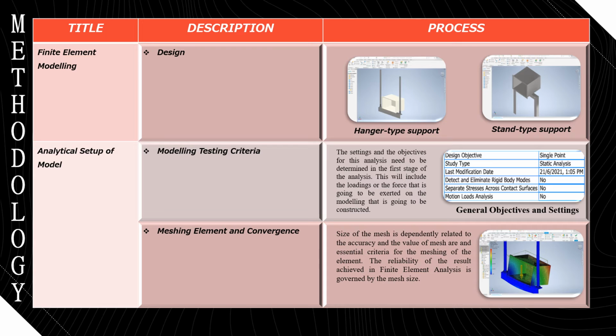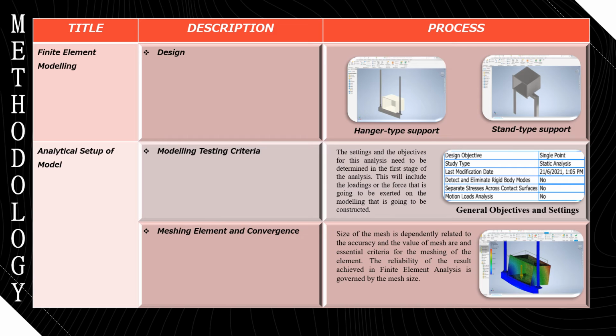After we have the design for this modeling, then we're going to do an analytical setup of the model. So first, the model testing criteria. The settings and the objective for this analysis need to be determined in the first stage of the analysis.